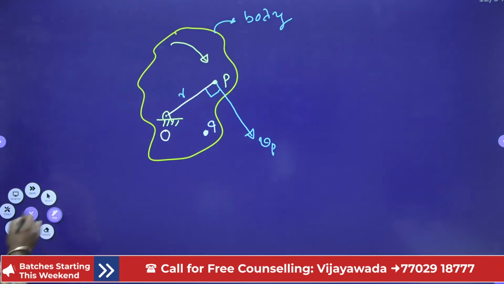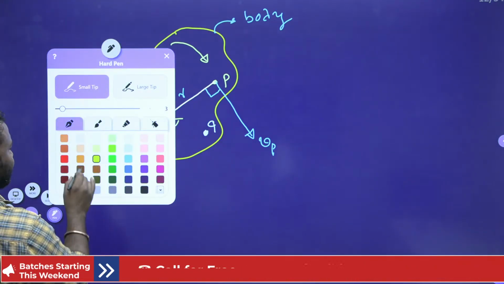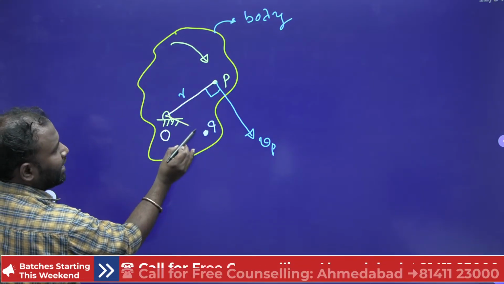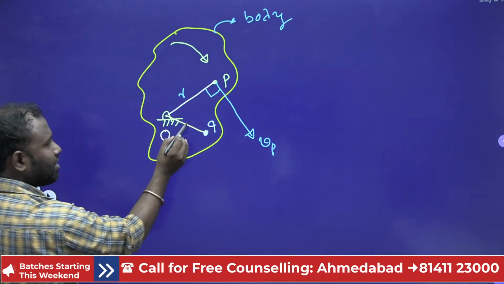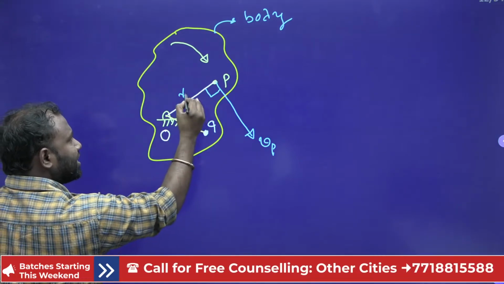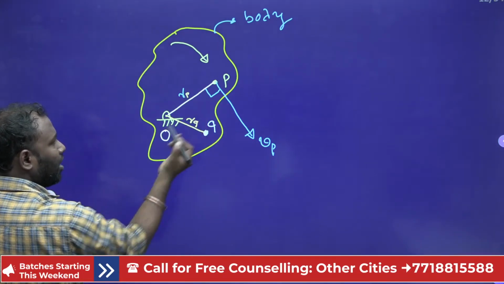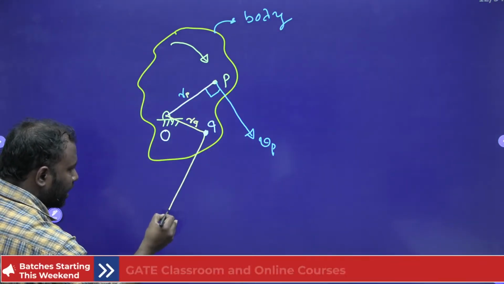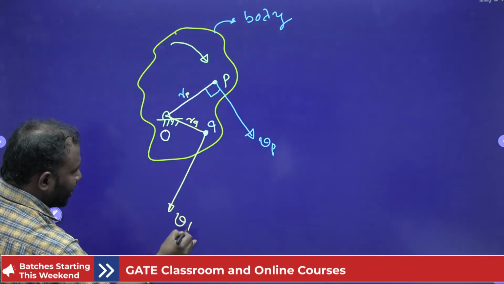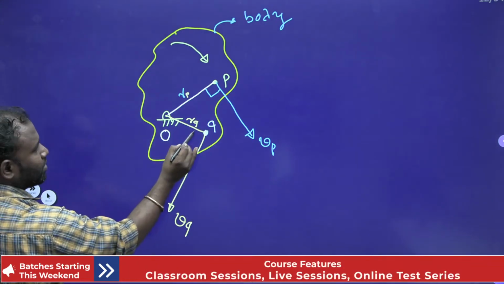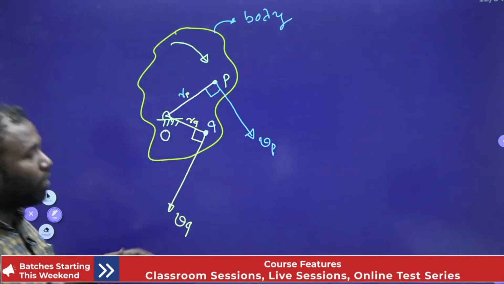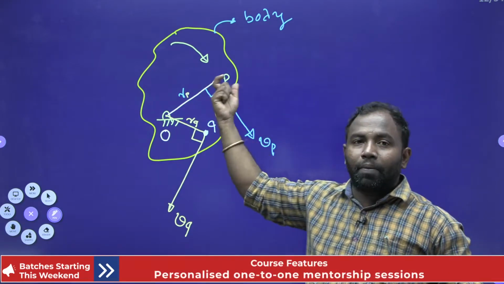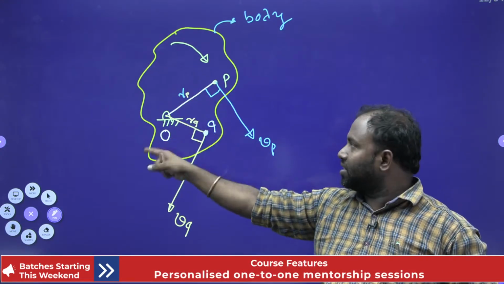Very simple again: you draw the radial distance, that is r again. So if this is rP, now it is going to be rQ. Now my velocity is exactly perpendicular to this rQ, like that. So my linear velocity for a particular particle is perpendicular to its radial distance.